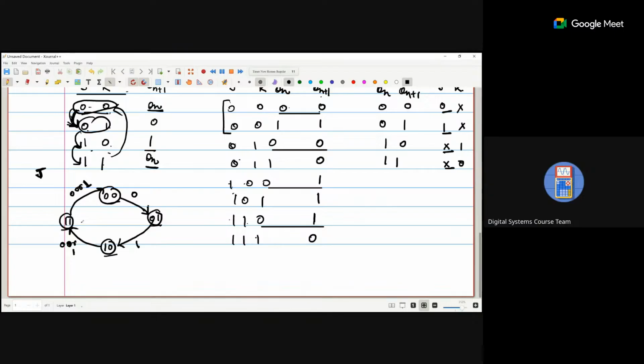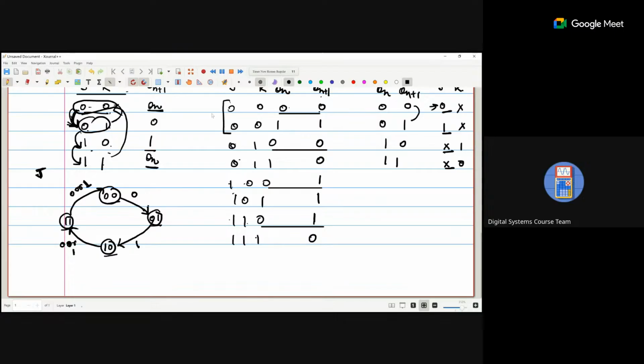If we go from this to this, this is the input. We get better clarity when we go for a state diagram. So in this way, with any flip flop, we can create an FSM model.